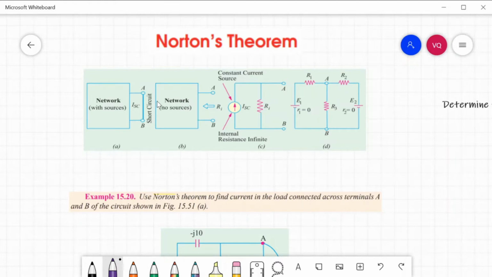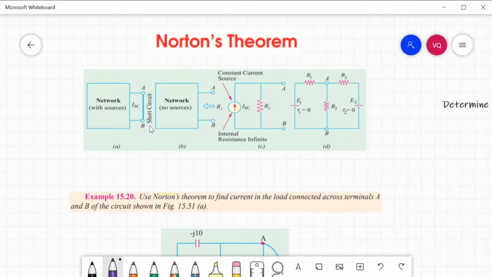So here, it is also the same principle in DC circuits. For example, this is our circuit, and then we have to find the current ISC. So we remove the RL or the ZL of that circuit and replace it with a short circuit.